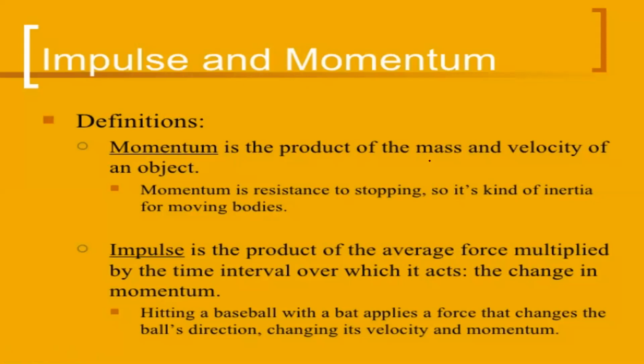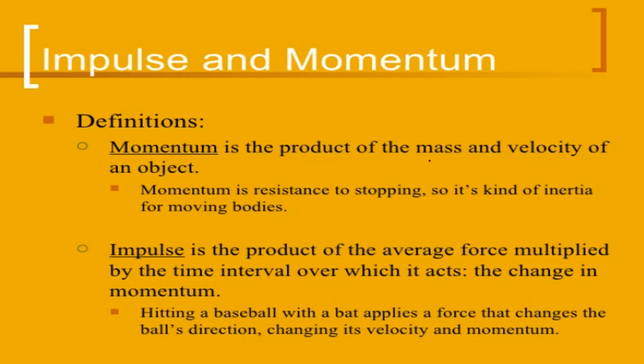Impulse is the product of force and time, which is a change in momentum. Hitting a baseball with a bat, a force will change the ball's direction, the velocity and the momentum. So, as we said, apply a force and you will change the velocity, so you will change the momentum. This is the difference between momentum and impulse.